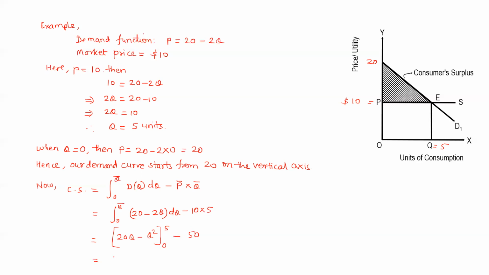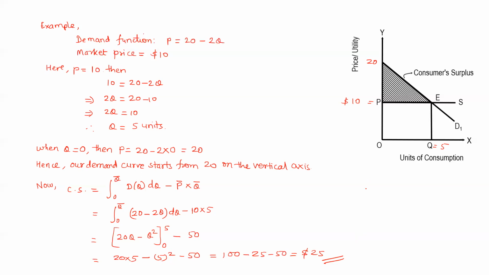The upper limit is 5, so 20 into 5 minus 5 to the power 2. When we plug in Q as 0, it becomes 0, so there's no need to plug in this value, or you can simply write minus 0. This is equal to 100 minus 25 minus 50, which is $25. So $25 is our consumer surplus.